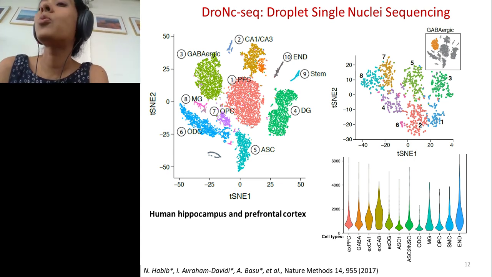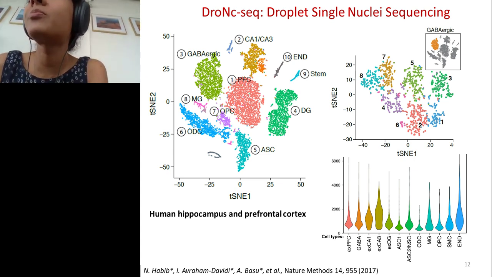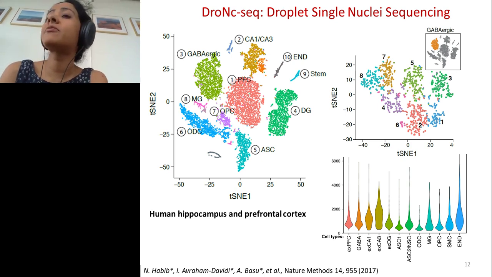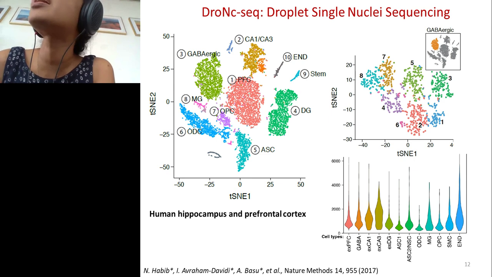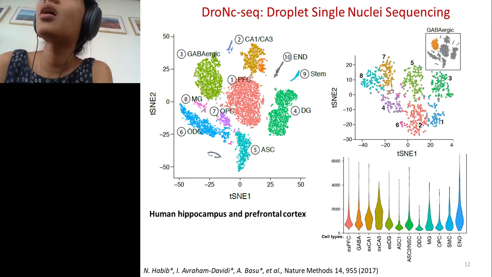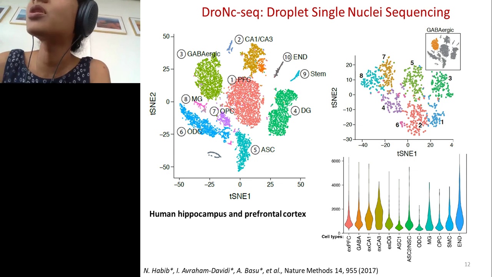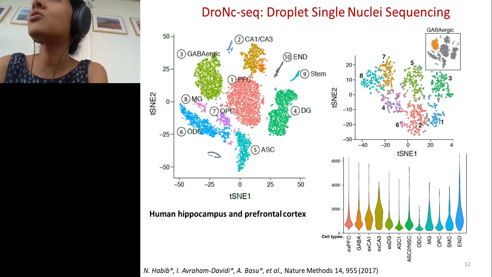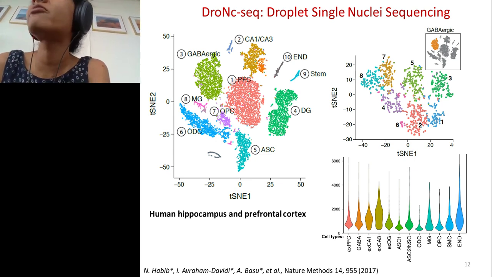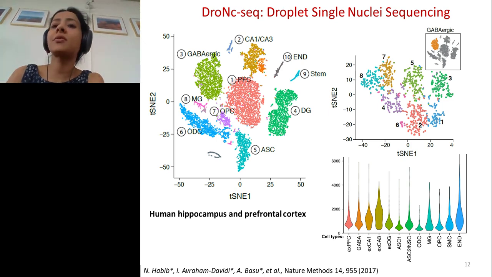And even though we see from the plot to the bottom right that they have different numbers of RNA captured for a given cell type, it clusters by cell type and not by the number of RNA captured. It's also something to note that different cells do have different number of RNA expressed.